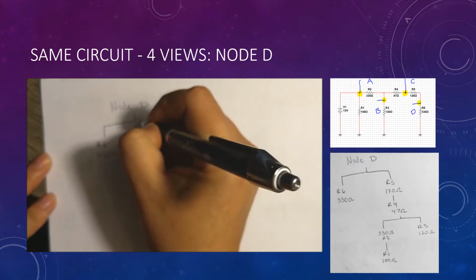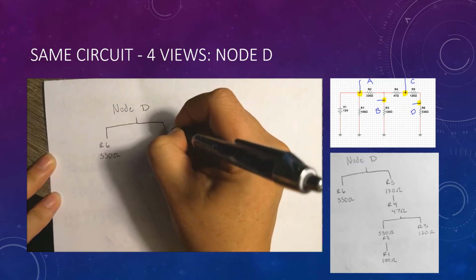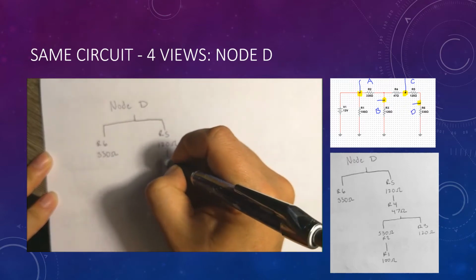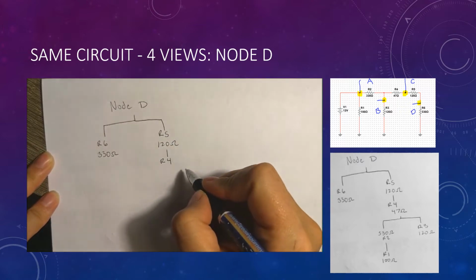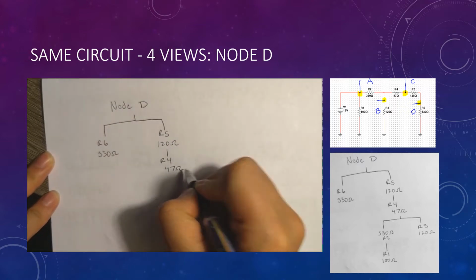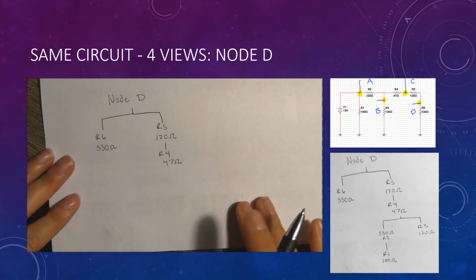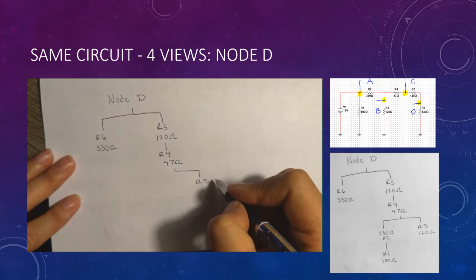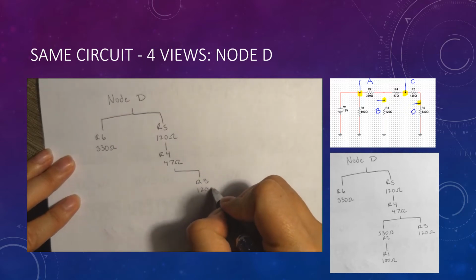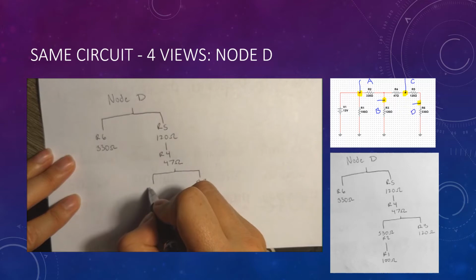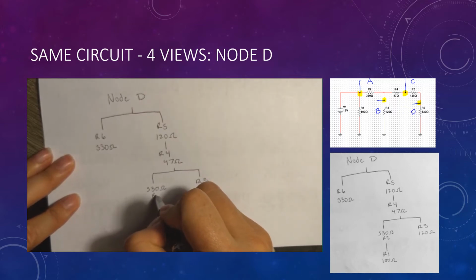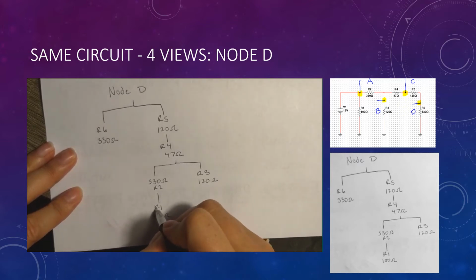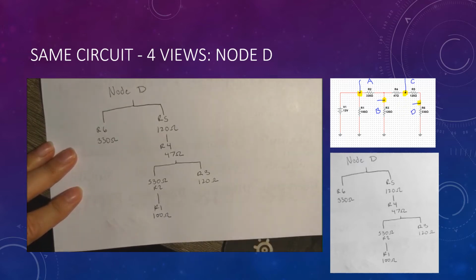R6 at 330 ohms, and branching the other way, in series, R5 at 120 ohms and R4 at 47 ohms, where we once again branch into R3 at 120 ohms, and then R2 at 330 ohms in series with R1 at 100 ohms.